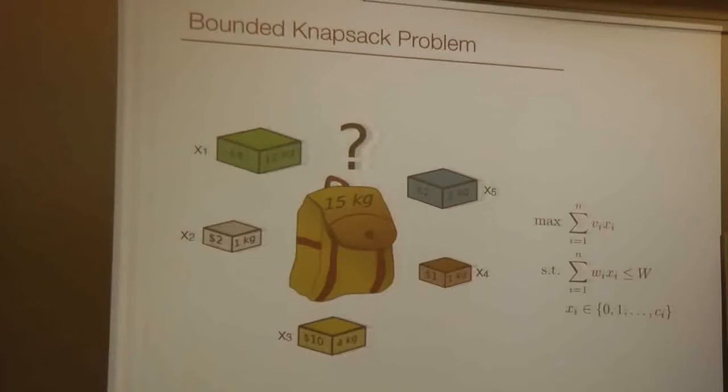Essentially, we would just make copies of these items here. So for the green box, we would add 4 more copies, and each of those we can only take 1 time. So essentially we are doing a binary encoding of the integers that we have here. So that would be the equivalent of the binary encoding for this particular scenario.